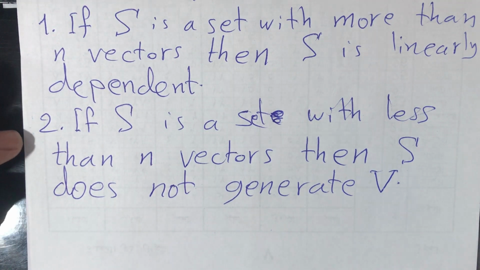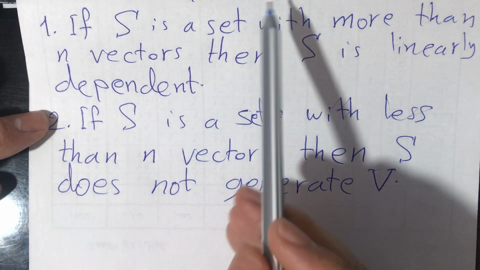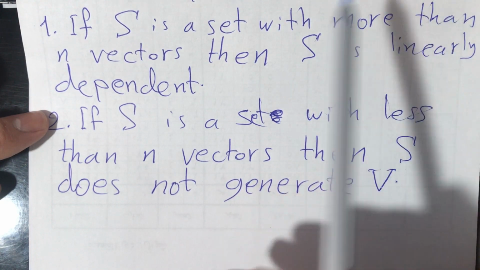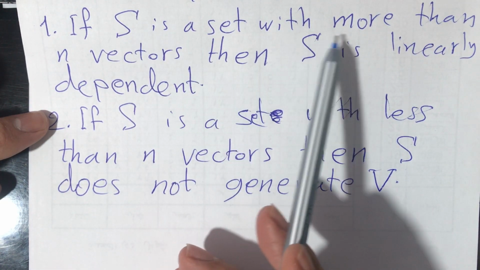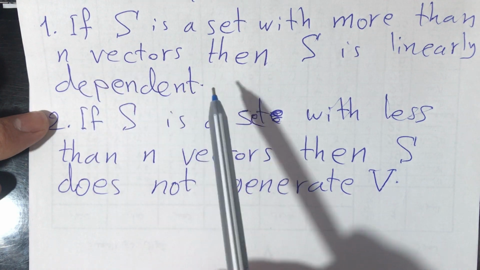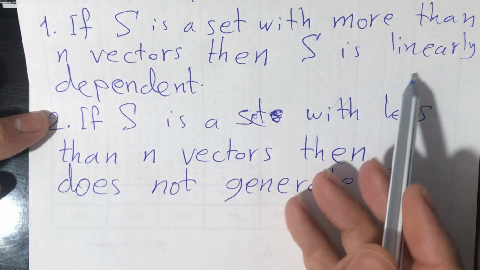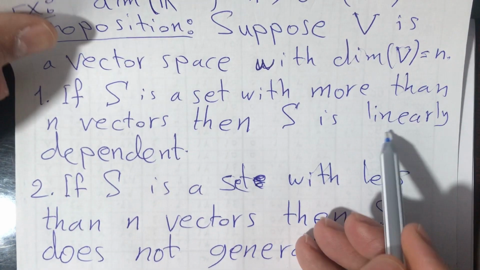What does it mean? If V has dimension n, then if S is a set of more than n vectors, more than the dimension, that means more than the number of vectors in a basis, then S is linearly dependent.